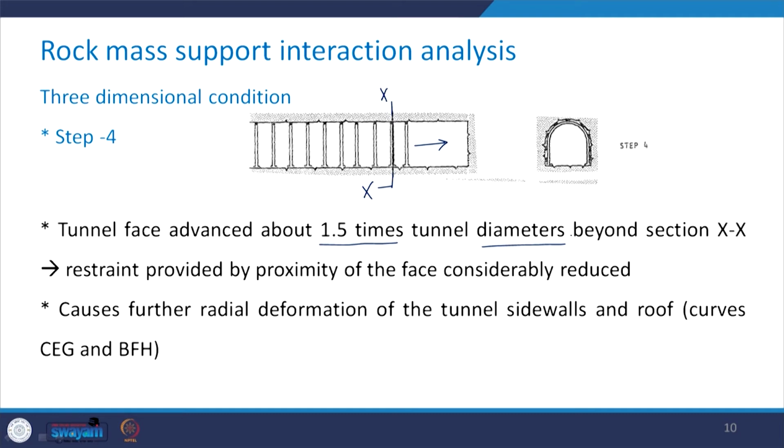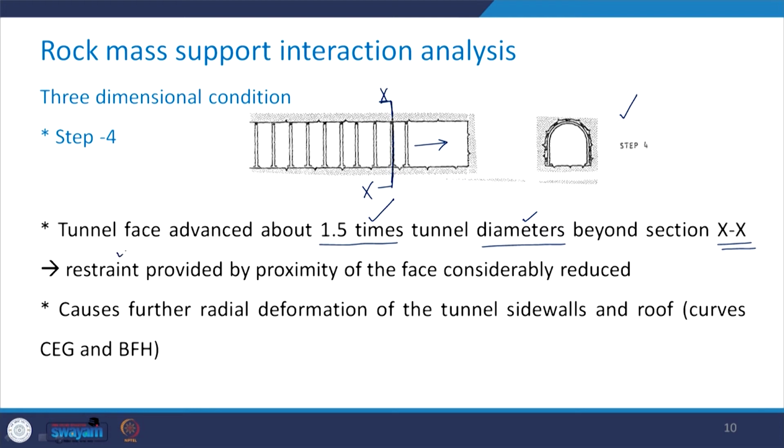So the same thing has been done here: from step 3 the tunnel face was advanced about 1.5 times the tunnel diameter beyond the section XX. Now the view here from this section XX will be the same as it was in case of step 3.